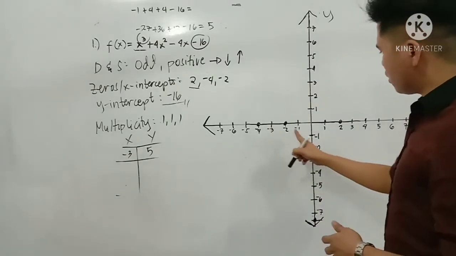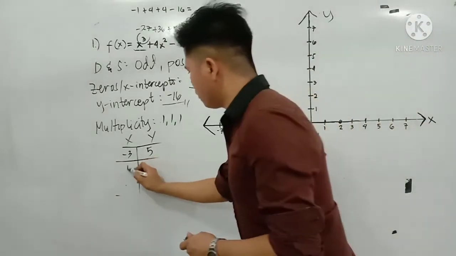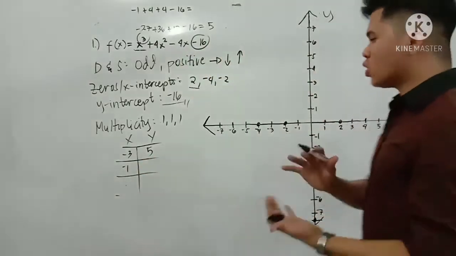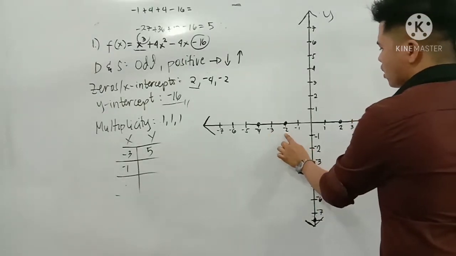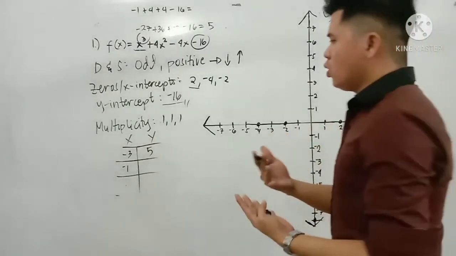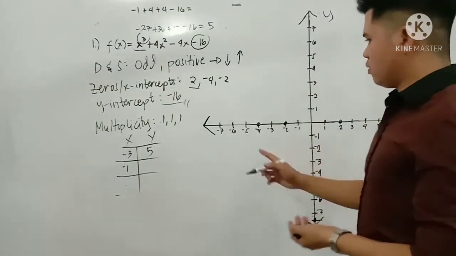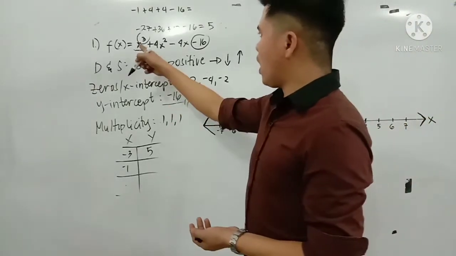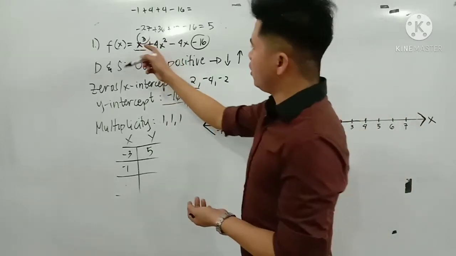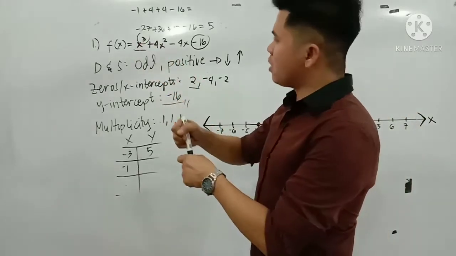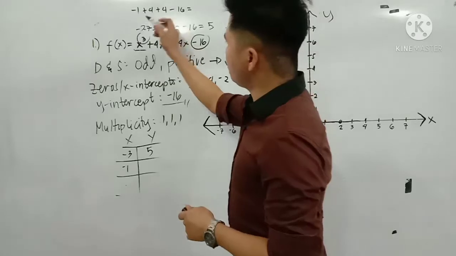Now, the next is negative 1. Do not include the zeros, okay? Negative 2 is 0, so you don't have to use it as the value of the variable x. So now, if our x is negative 1, so here, negative 1 cubed is simply negative 1.